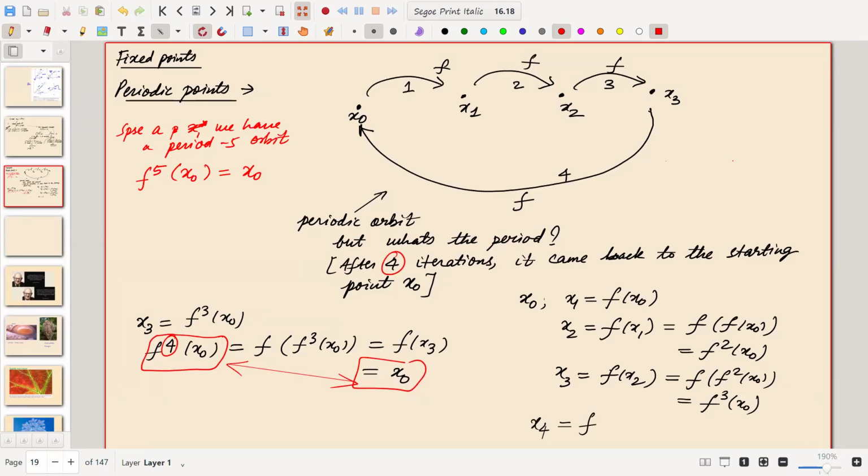Agree? So if it is a period k orbit, what condition will you have? f to the k of x naught is equal to x naught. Agree, right? I hope you understood. If you have any doubt, please ask.